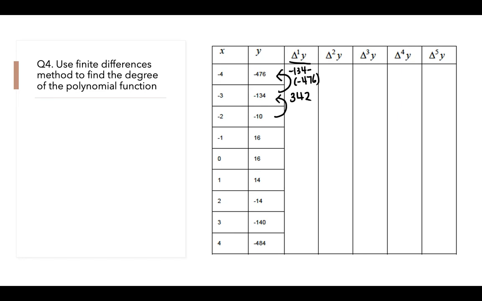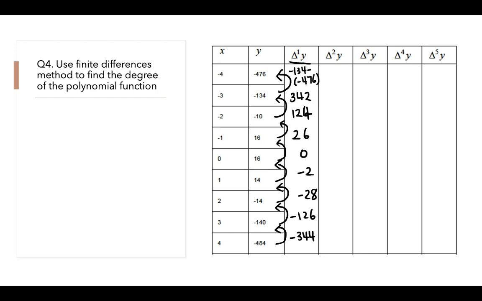Again, same thing: negative 10 minus negative 134 gives me 124, then 26, then 16, 0. 14 minus 16 gives me negative 2, then negative 28, negative 126, and negative 344.